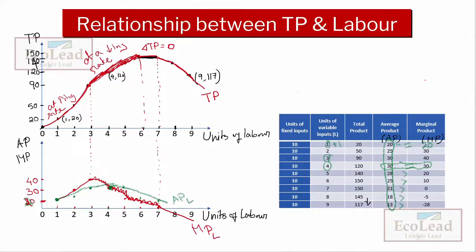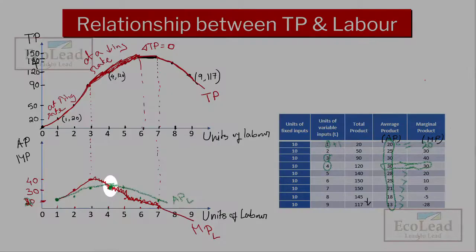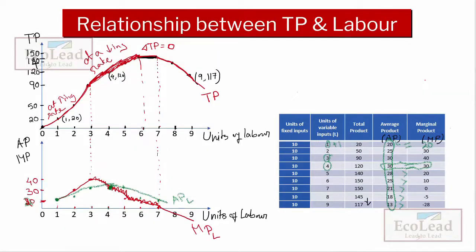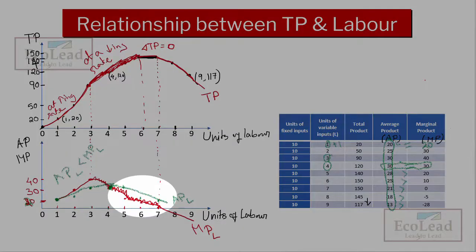Before the average product and marginal product become equal, APL is lesser than MPL. But after that, the value of APL is always greater than the value of MPL.